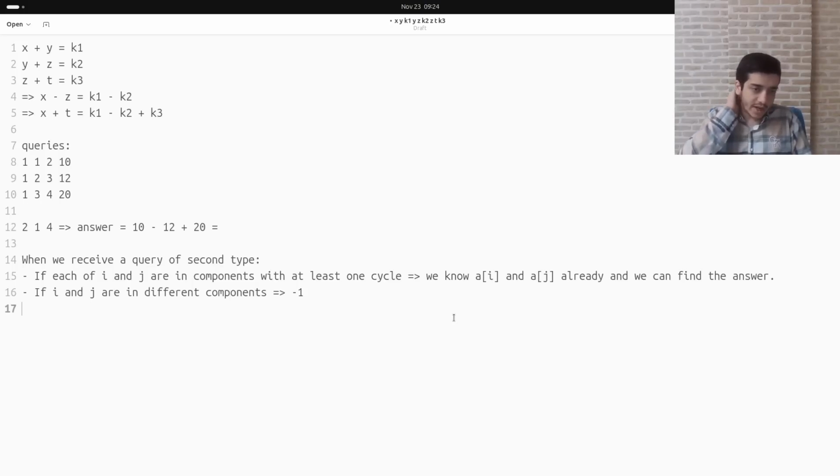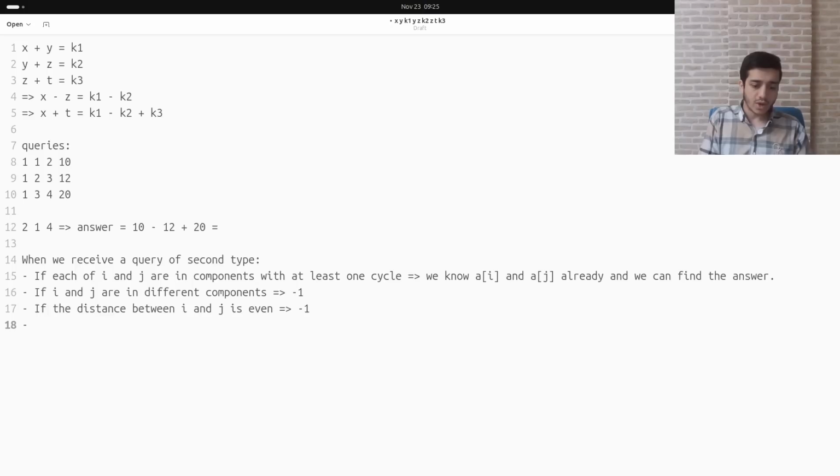Otherwise, if i and j are in different components, we can't find the answer. Otherwise, now we know that they are in a single component, and the component forms a tree. If the distance between i and j is even, the answer is -1.